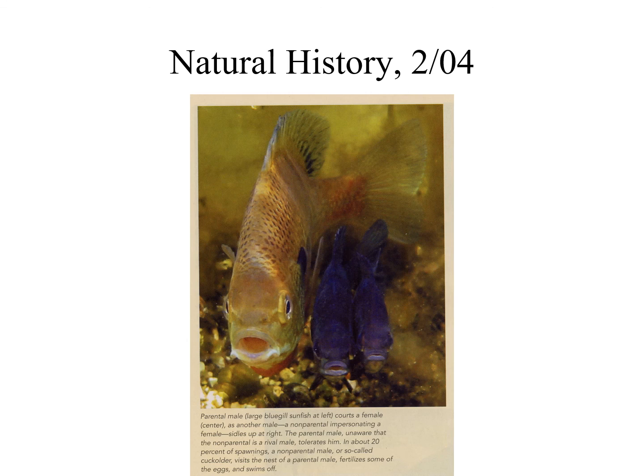The reality is, one of those ladies is a guy who's releasing sperm and fertilizing some of those eggs. And guess what? You're going to be stuck taking care of them. So that's called being cuckolded. So that's, to me, an interesting example of disruptive selection. And this was discovered here in Illinois by biologists at U of I, that males come in two forms, satellite males and the territorial males.